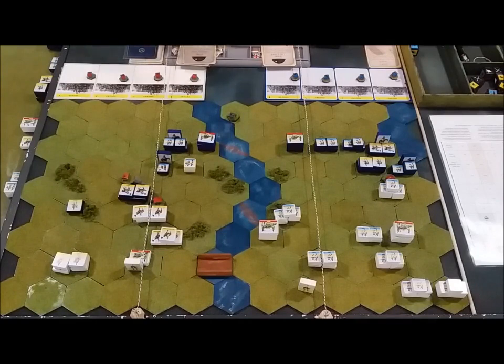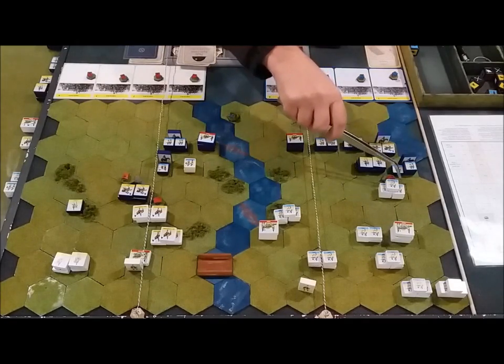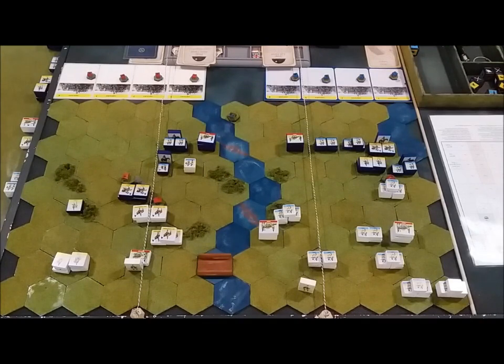If we do our fire and hold, there's a damn fine chance we can take him out and there is a minor chance we can kick him out of there and move into here. No, units may not move before or after combat, so he would not be able to move into there. But that's okay, because they couldn't get in there either. Damn it, Janet. I think we're going to have to go for the kills. So we're going to go for a fire and hold.